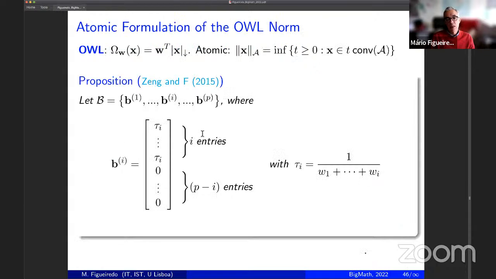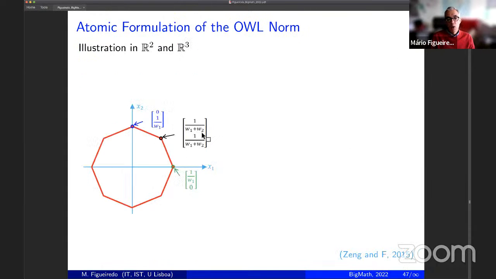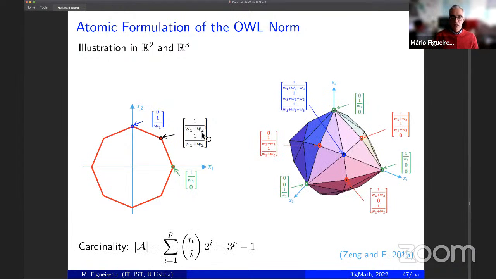And let me just show you a nice picture because I'm running out of time. It's easy to draw. This is called an atomic norm. It's easy to draw level curves of this norm in any dimension and to come up with the exact expressions for the coordinates of each of the vertices of the norm. So in 2 dimensions, in 3 dimensions, and in any dimension. The collection of all these points is just a permutahedron: just permute and switch signs of these vectors.